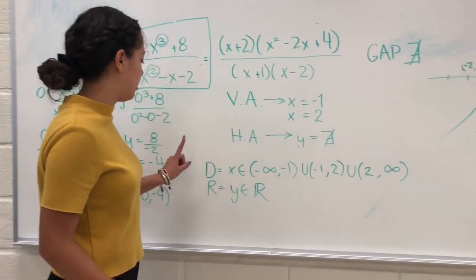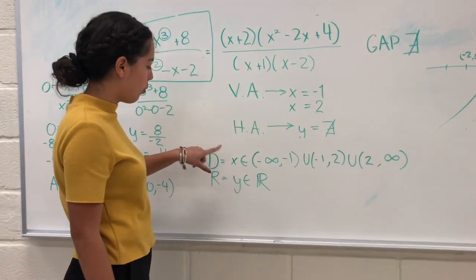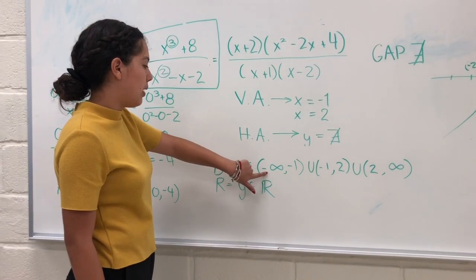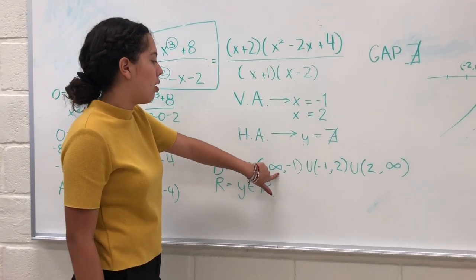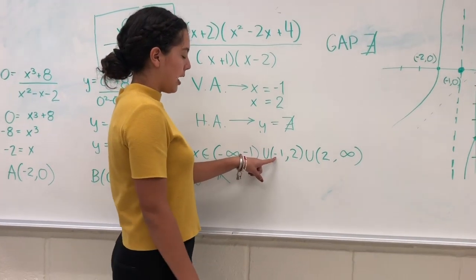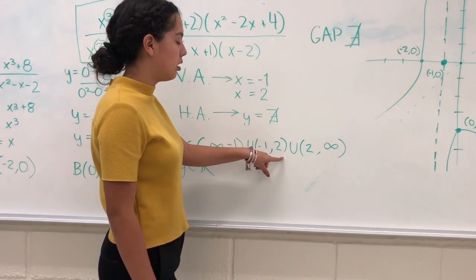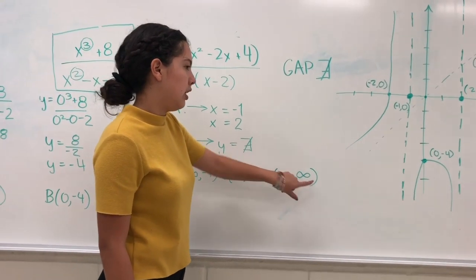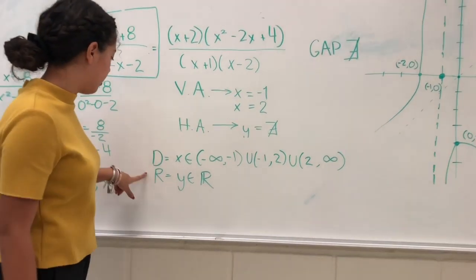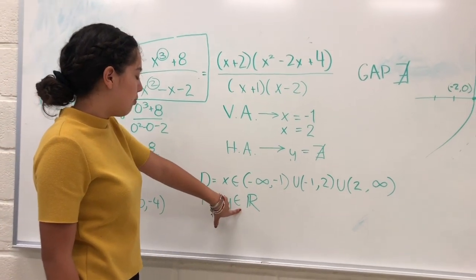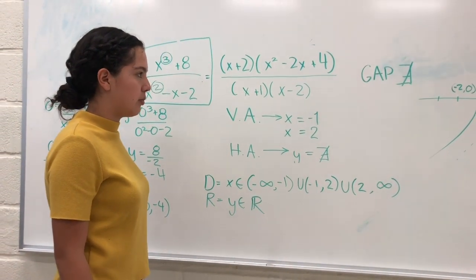For the domain, we know x belongs to (minus infinity, minus 1), not included, union (minus 1, 2), not included, union (2, infinity), not included, and the range is y belongs to all the real numbers.